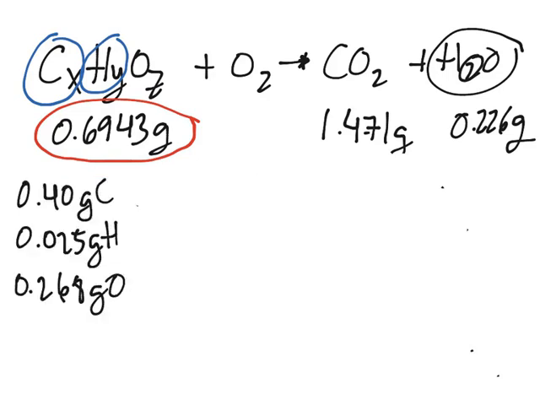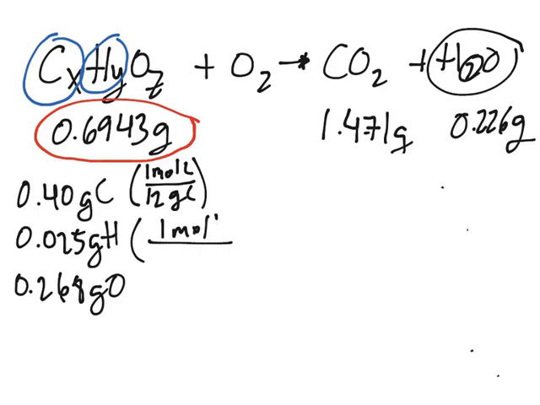So this is what we have. We simply find the moles by the mole conversion. 1 mole of carbon is its atomic mass, 12 grams. 1 mole of hydrogen, 1 gram of hydrogen, and 1 mole of oxygen, 16 grams of oxygen.